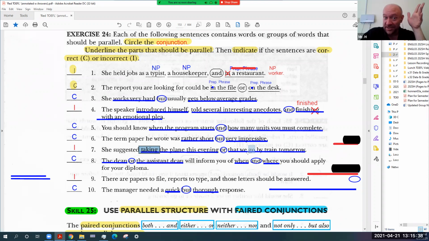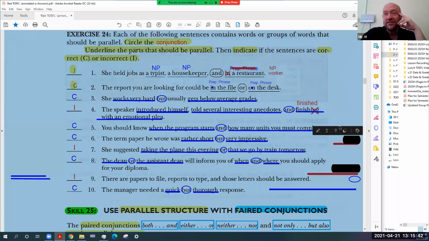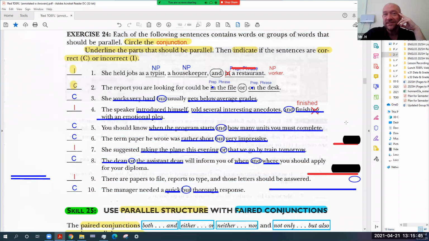That's a clause, right? Which kind of clause is it, Abdul Majid? Which part of speech follows a verb? It's a noun clause. You suggest something, right? This is a noun clause.